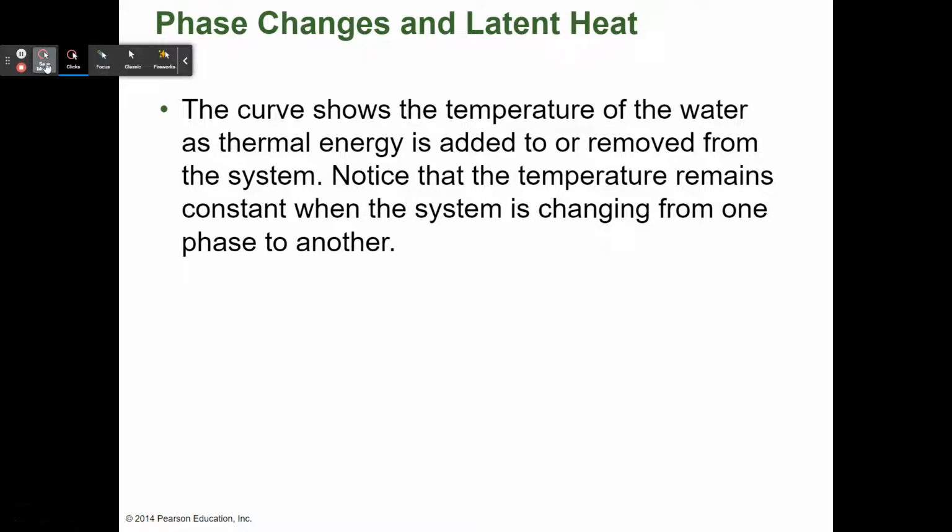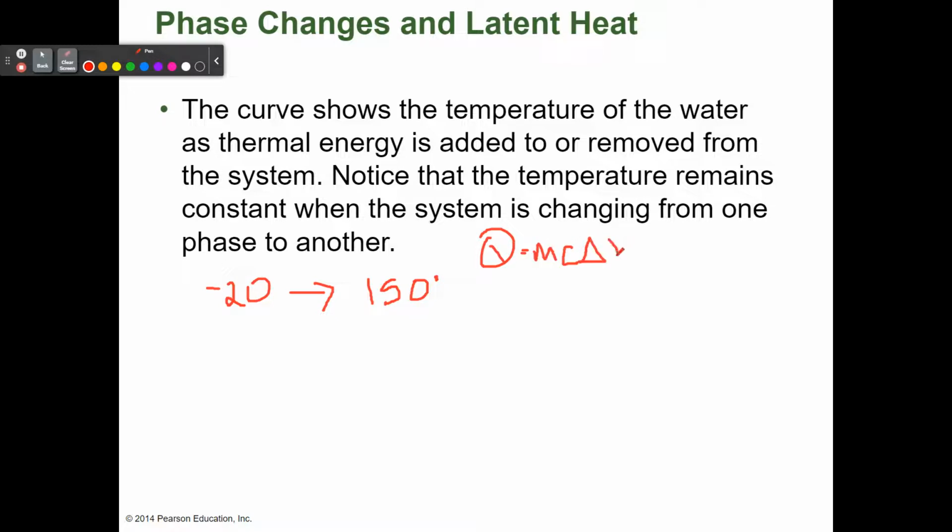So for example, if the problem says the temperature goes from negative 20 up to 150, you can't just use Q equals mc delta T, with your change in temperature being 150 minus negative 20, because it's always final minus initial. You can't do that because in that process you have melting and boiling both going on.